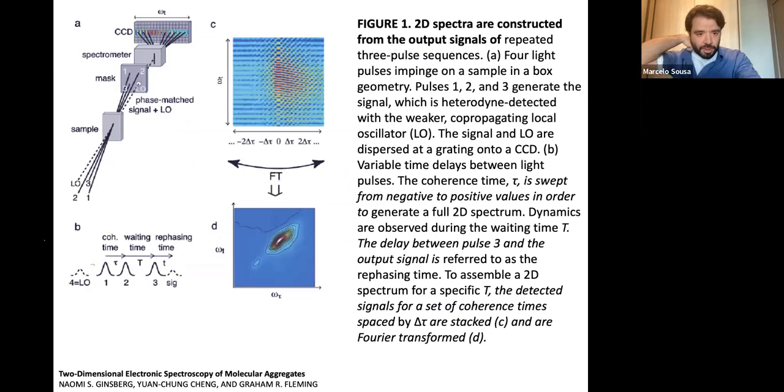And to find that evidence, they used a technique named two-dimensional Fourier transform spectroscopy. As the name says, it is a type of spectroscopy, where we can find several energy levels.